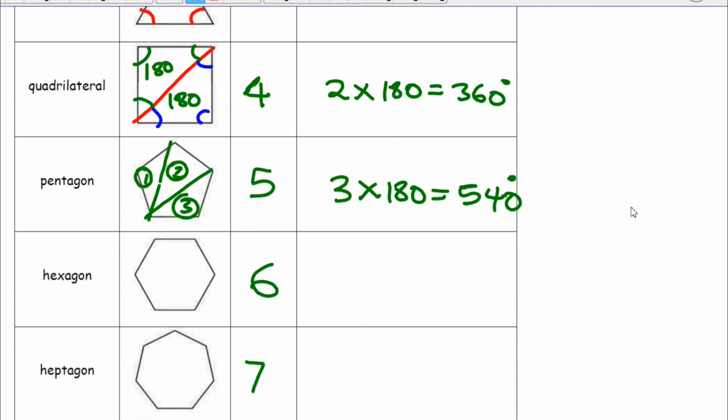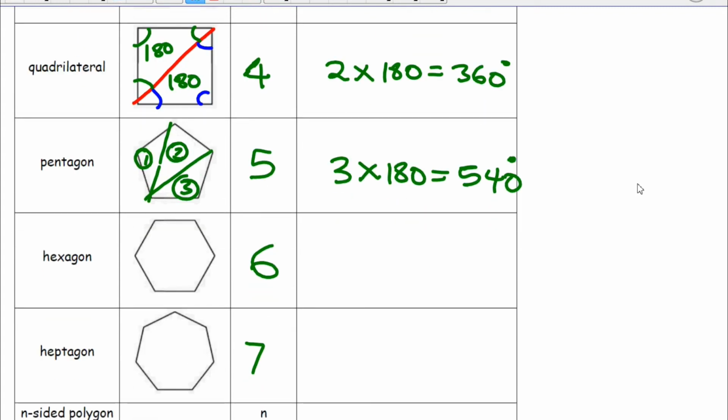And then in the hexagon, I'll do the same thing, divide it into triangles. And remember, I'm drawing diagonals from only one vertex.